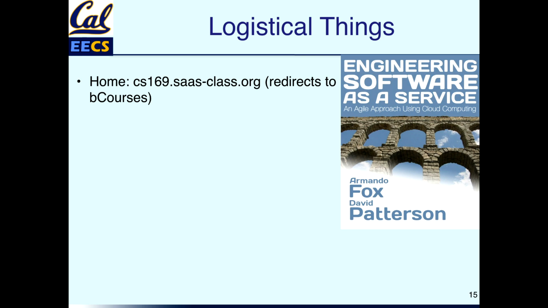If it's an issue, don't worry about it. Just let me know. You can email or private note on Piazza. Everything you need will be linked through bCourses. So everyone should be enrolled automatically. We are making sure that all the bits are updated, but there'll be a schedule there. The syllabus has all the lectures. Will have links to readings and things like that.